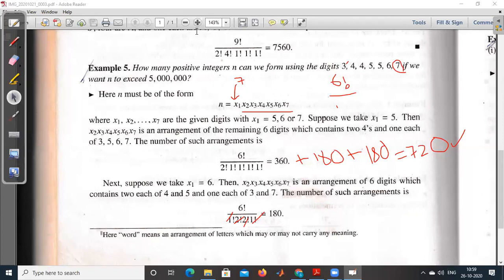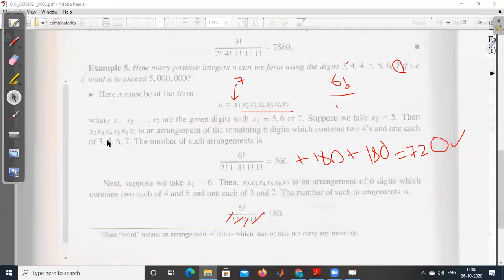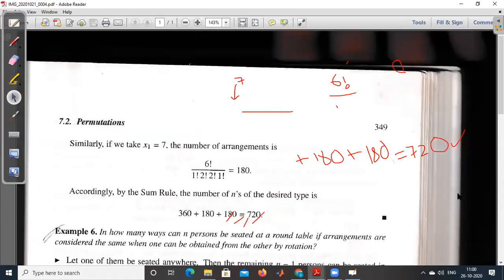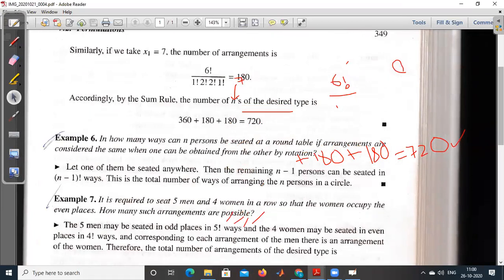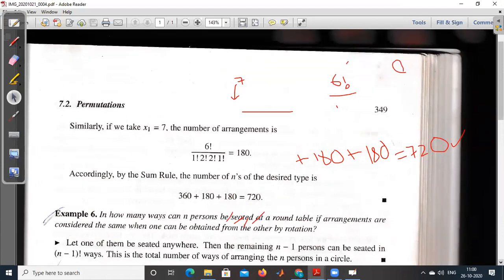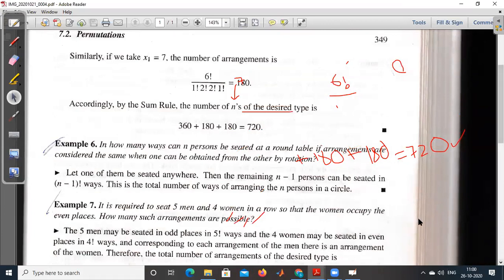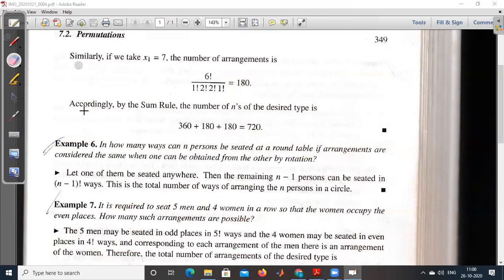Student, do you have any doubt? So students, we got the sum rule.